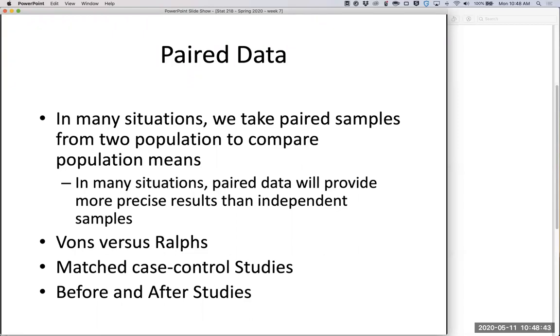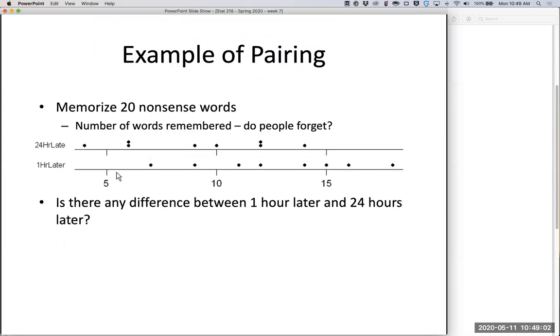So the two separate populations are the two stores, but the items that I select in common between the two stores form natural pairs. We can talk about that example later on. Okay, in paired data, let's start with a quick example.